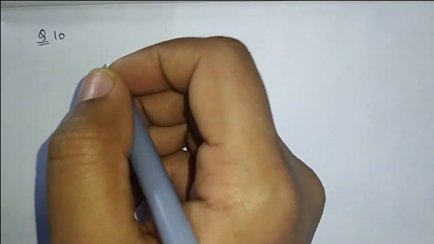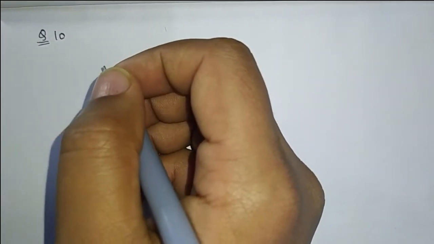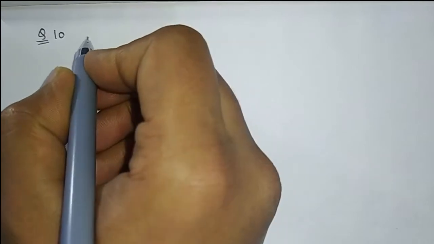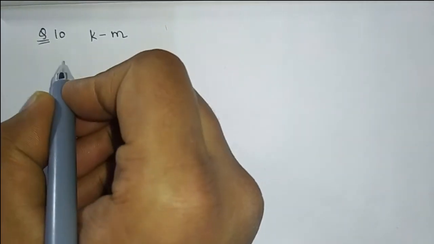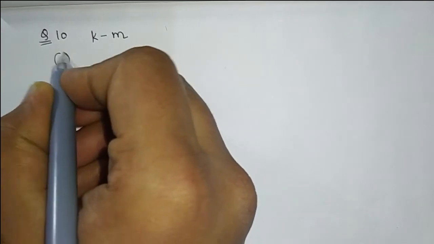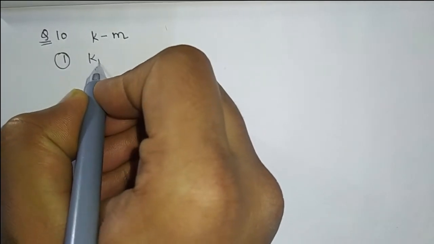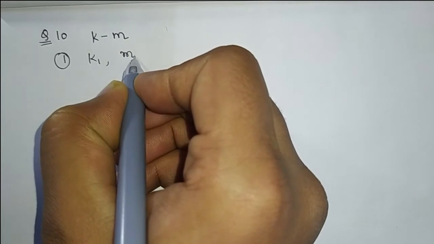Question number 10. A single degree of freedom system is given with spring and mass. There are two systems, in which the first system has a stiffness of K1 and mass m.